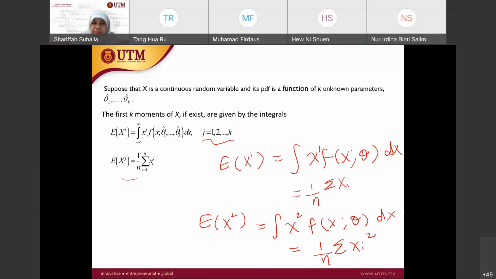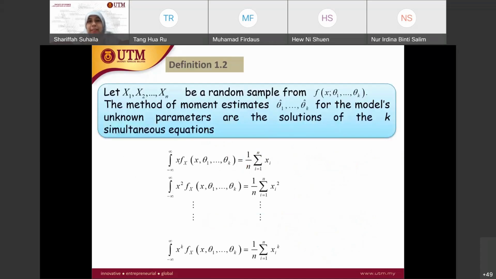If we simplify, we refer to definition 1.2. If you have x1, x2, up to xn, a random sample, and say we have several parameters in f of x, theta 1, theta 2, up to theta k, then the method of moment will estimate theta 1 hat, theta 2 hat and so on.